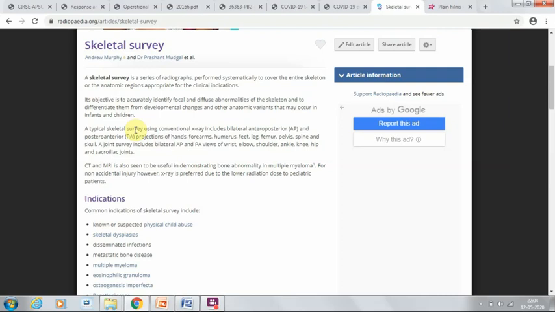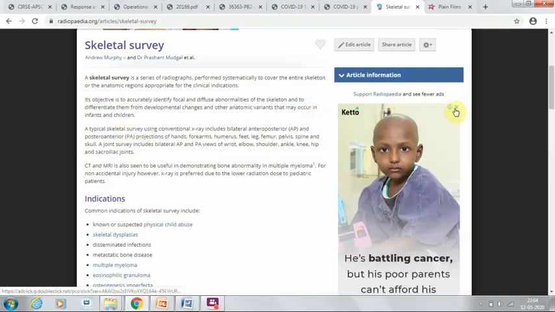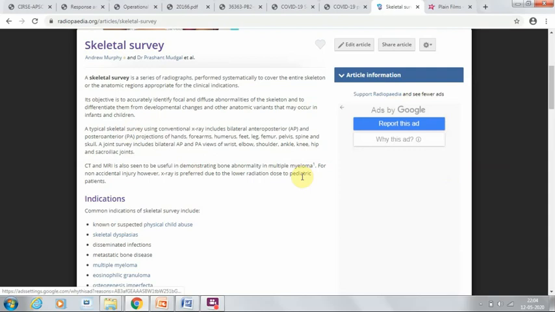So what radiographs are used to take? They used to take bilateral anterior posterior AP view and PA view for both sides. Example: hand, forearm, humerus, feet, leg, femur, pelvis, spine and skull.